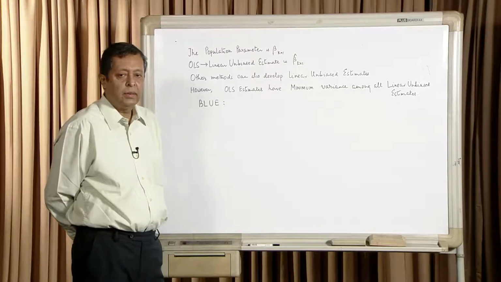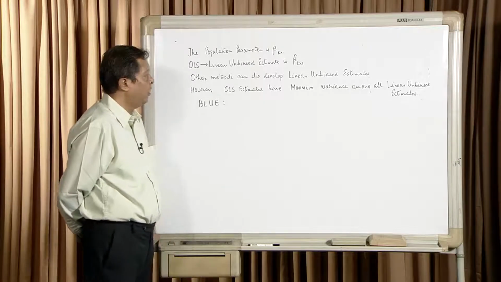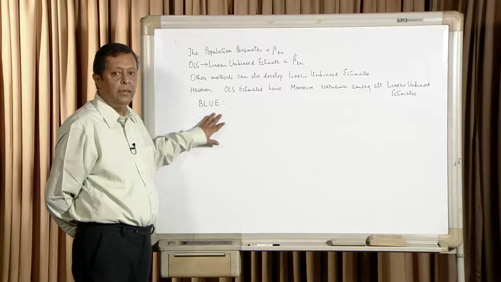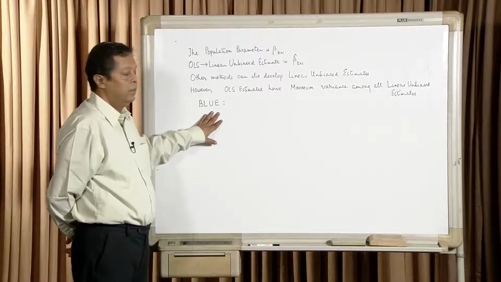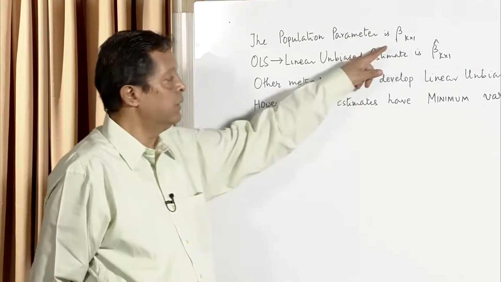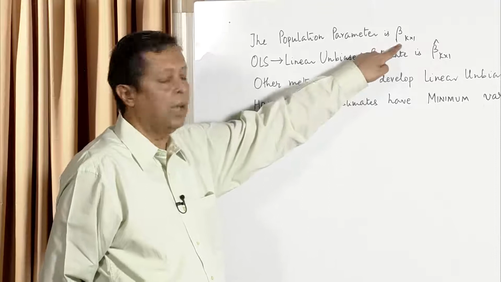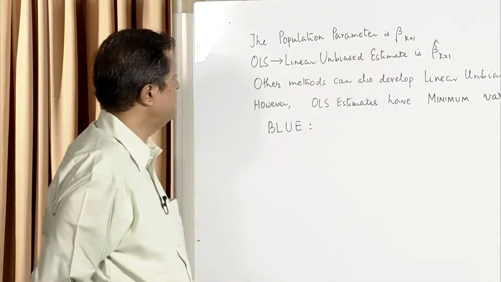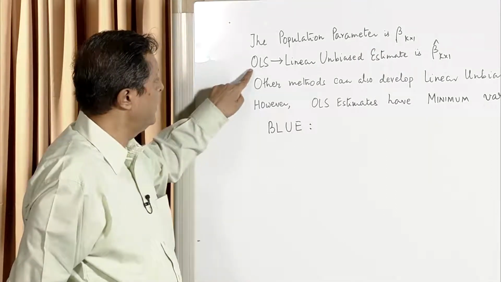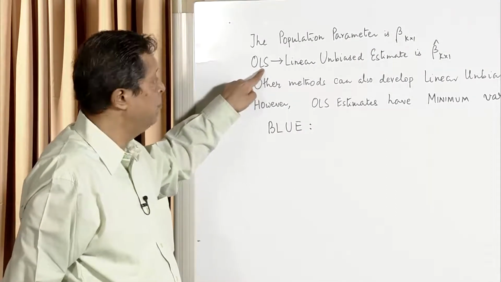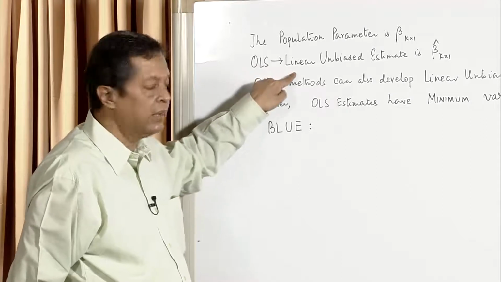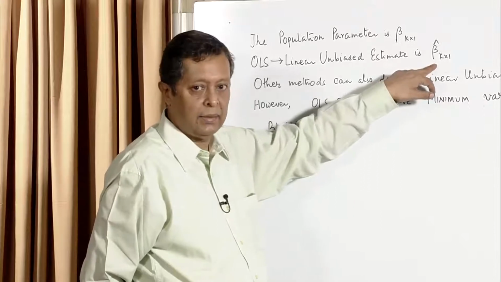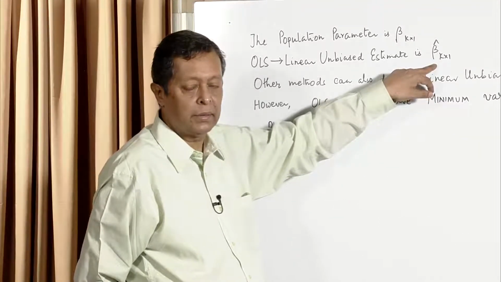We now take a look at the general version of the property of minimum variance linear unbiased estimator. We know that the population parameter in the regression is β with k elements, k rows and 1 column. We have also seen that the ordinary least squares method leads to a linear unbiased estimator given by β hat, which is also a k cross 1 vector.